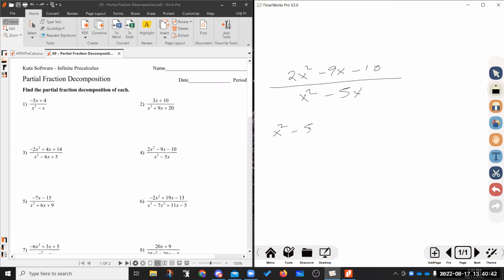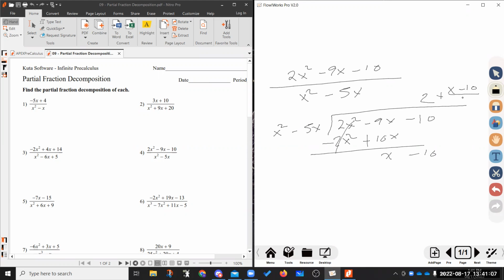X squared minus 5x is on the outside. 2x squared minus 9x minus 10. And we don't need to have every factor or every power of x represented on the outside. We do on the inside, so we're good. 2x squared minus 10x, change my signs and add. X minus 10 is my remainder over x squared minus 5x.